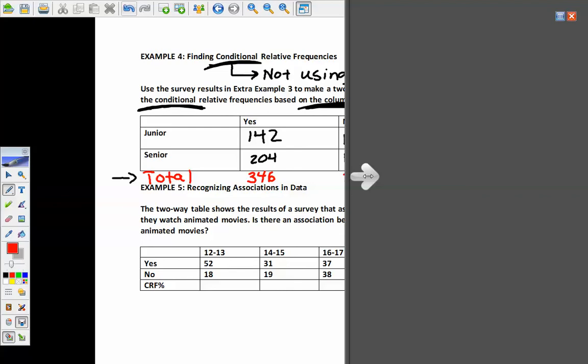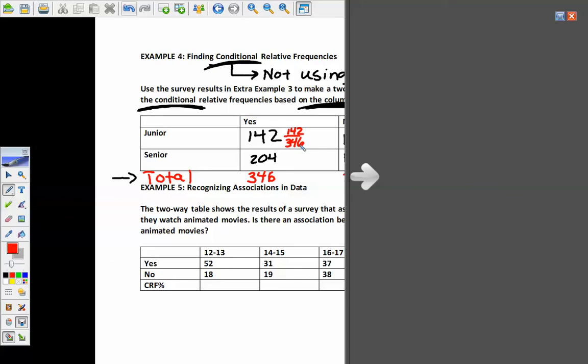That word relative means turn everything into a decimal. Well, how many juniors are going to college, guys? 142 out of the number of people that said yes, 346. So you're simply going to take 142 and divide it by 346.